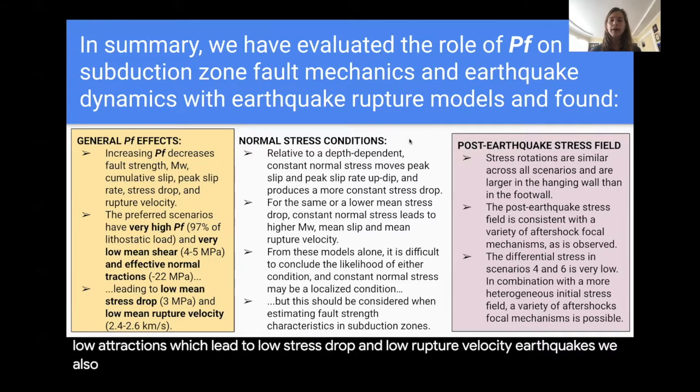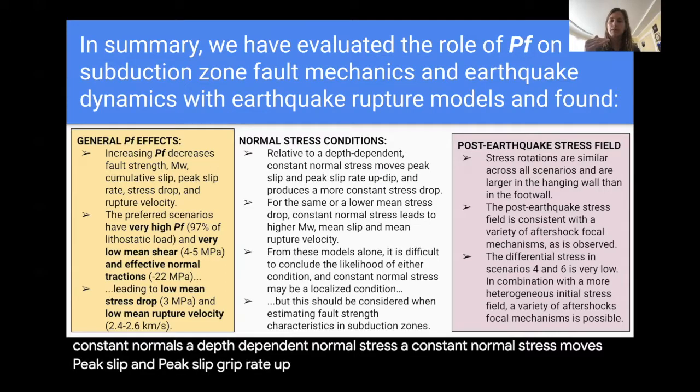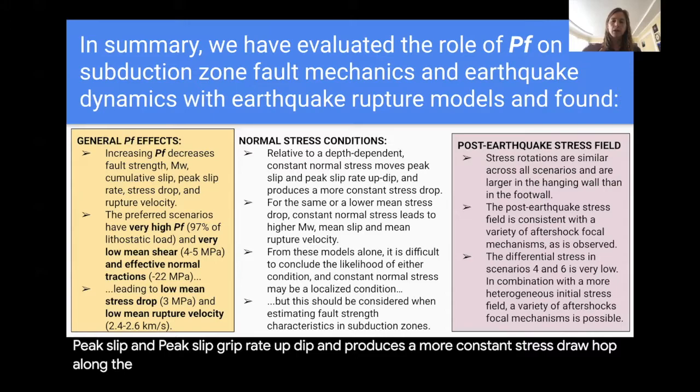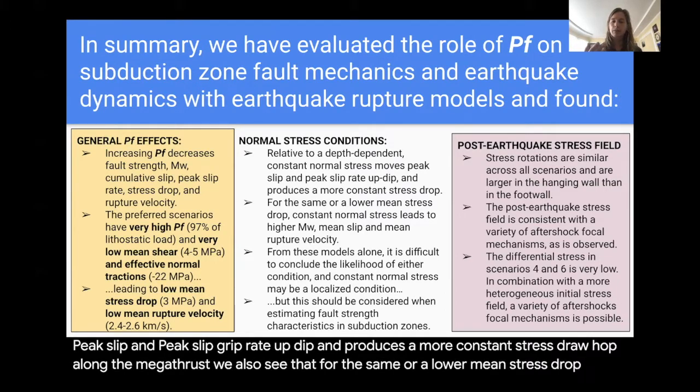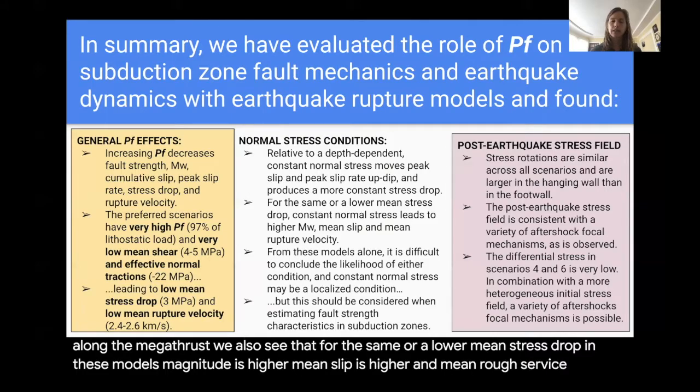We also compare two different normal stress conditions relative to a depth-dependent normal stress. A constant normal stress moves peak slip and peak slip rate up dip and produces a more constant stress drop along the megathrust. We also see that for the same or a lower mean stress drop in these models, magnitude is higher, mean slip is higher, and mean rupture velocity is higher.